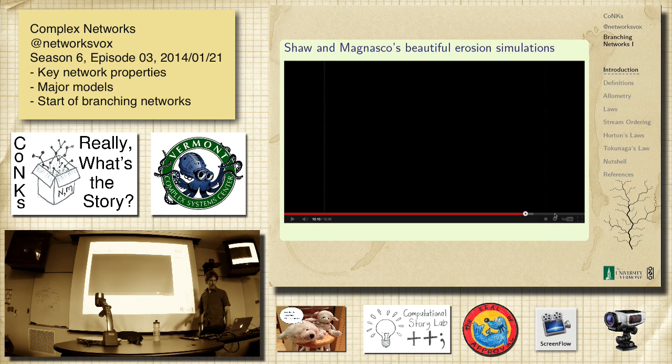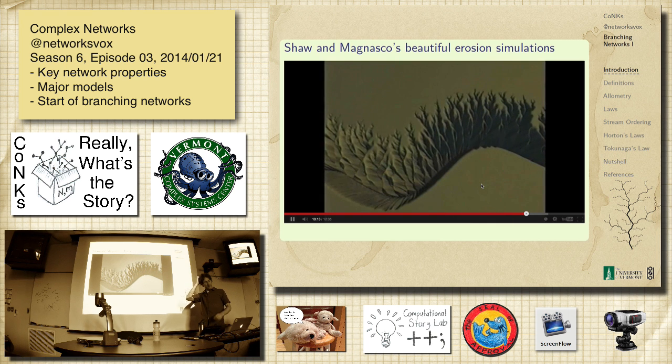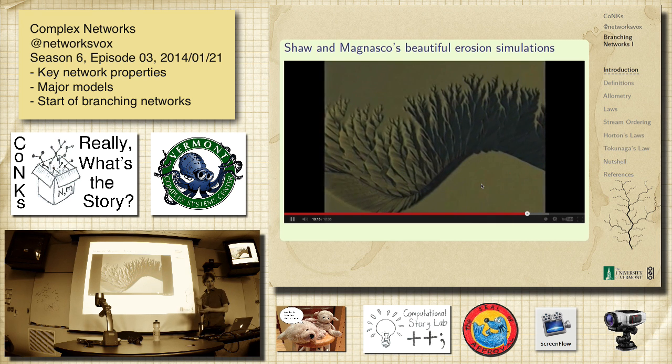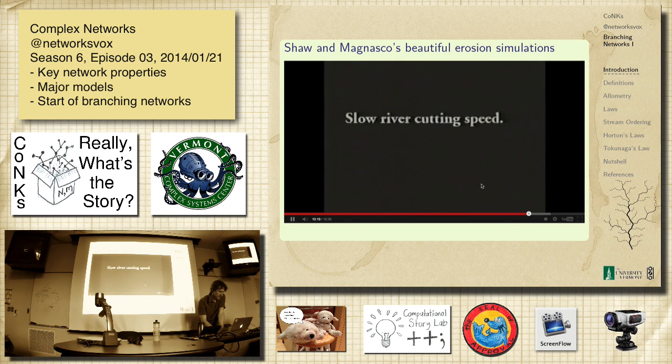So they do different kinds of cutting and all sorts of stuff. Yeah, and it's got different angles on each side. So you can see you're not even getting river network type stuff on that side.